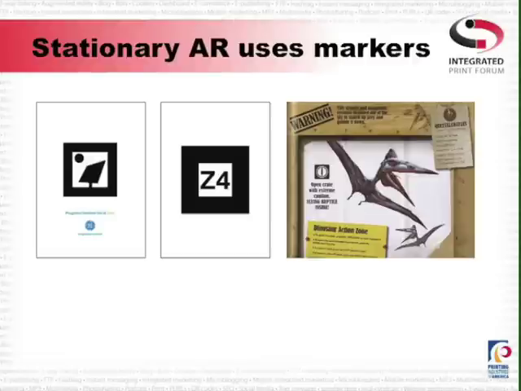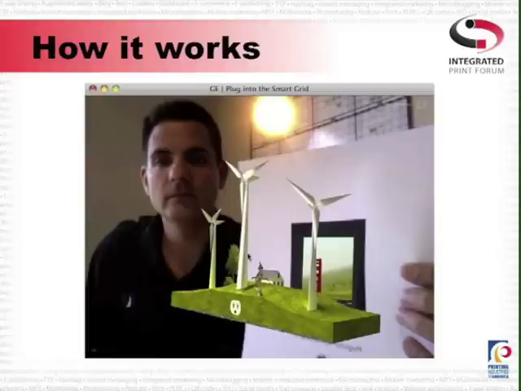And if you go to our integratedprintforum.org website, there's a blog entry with a video of this, and it shows a kid opening up this book, and this pterodactyl actually pops out of the book and flies around. Okay, so that's an example of augmented reality with print. But this is what I'm talking about. This becomes the reference point. See how that works? This becomes the reference point for that augmented reality scene when you hold it up to your webcam on your computer.